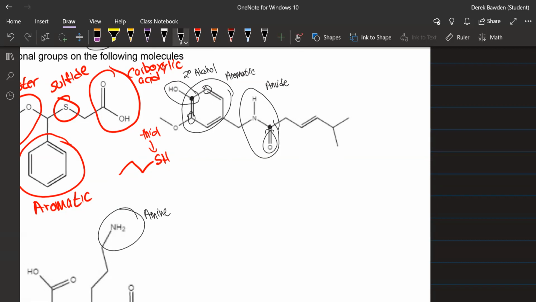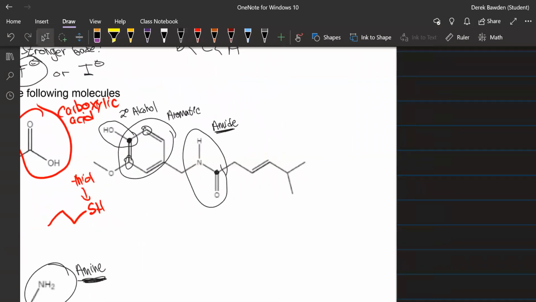Amides hide behind this C double bond O. This amide hides behind the C double bond O, whereas this amine is mean to oxygen, and so there's no oxygen around it. Amines are mean. Amine, mean. Amide, hide. Does that help you guys remember the difference? Amide, hide, amine is mean. There's no oxygen close by. All right. I apologize for the confusion there. Any questions on the difference there?